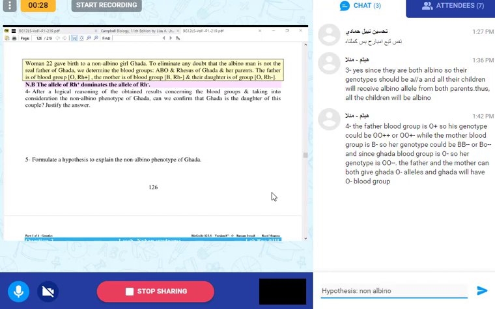Okay, non-albino phenotype of Ghada is due to a mutation in the albino allele of melanin.